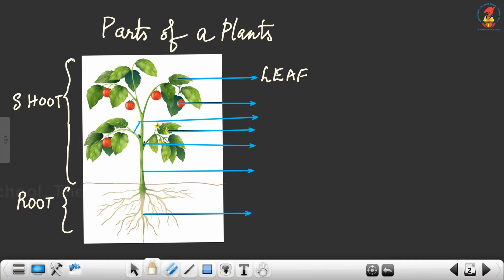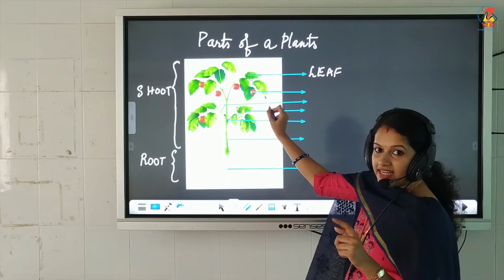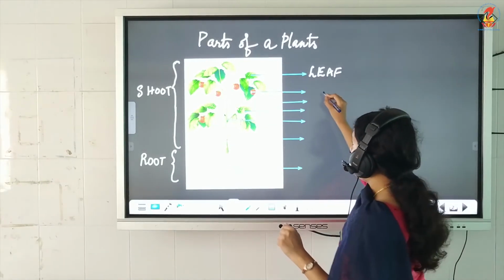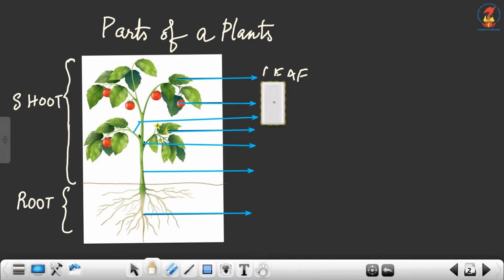Then you can also see here the red colored is the tomato, that is called fruit. Leaf, fruit. Then there are branches. Above the soil you can also see branches. This is the branch.